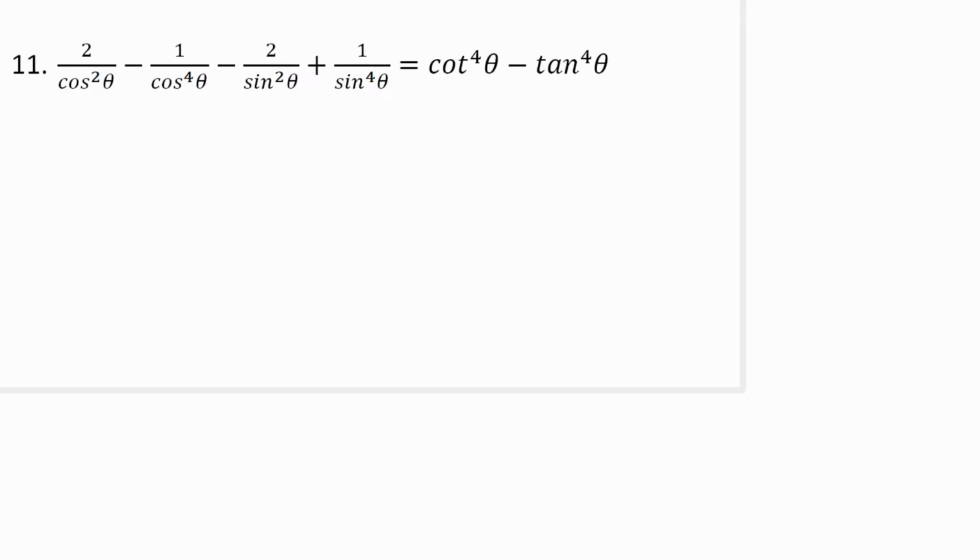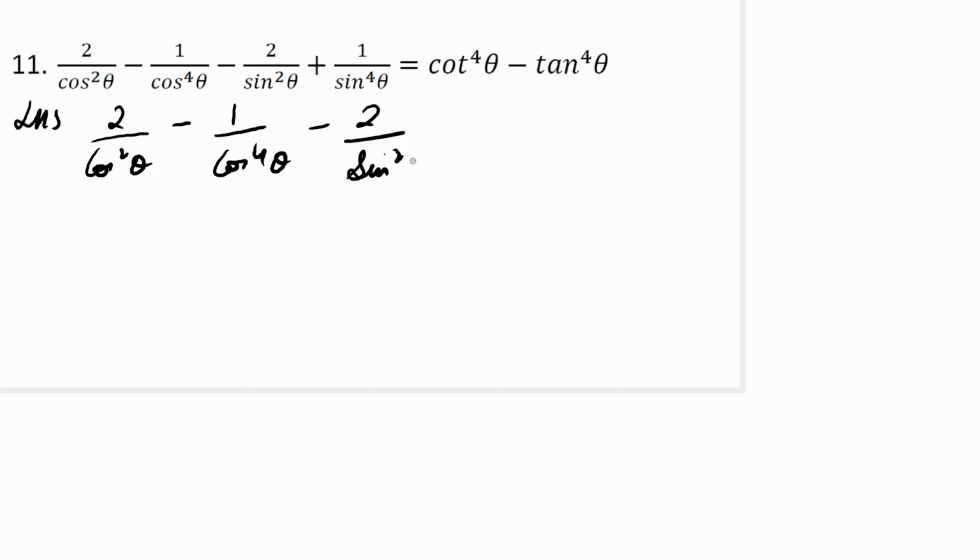So we will again be using the same identities that we used in the last question. I can write the left hand side as 2 upon cos square theta minus 1 upon cos 4 theta minus 2 upon sin square theta plus 1 upon sin 4 theta.